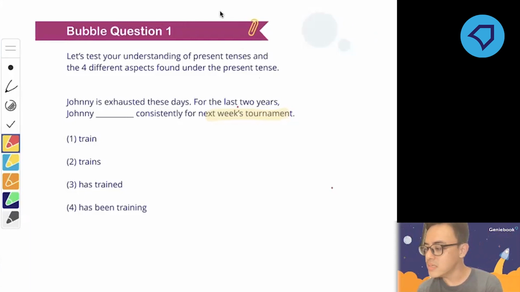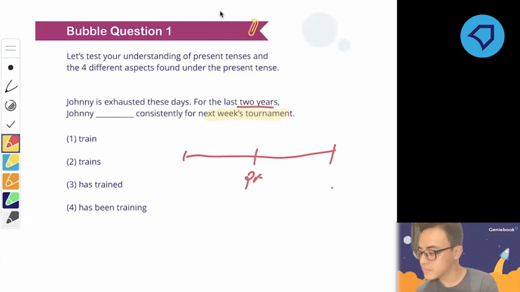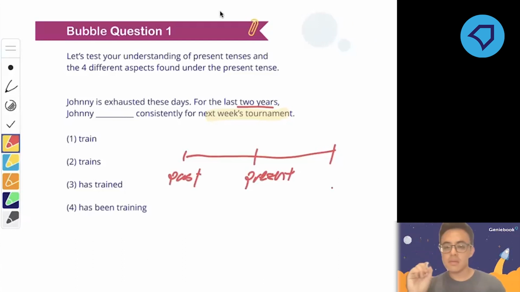Okay, for the last 2 years, this action of training happened in the past. It carries on all the way to the present.